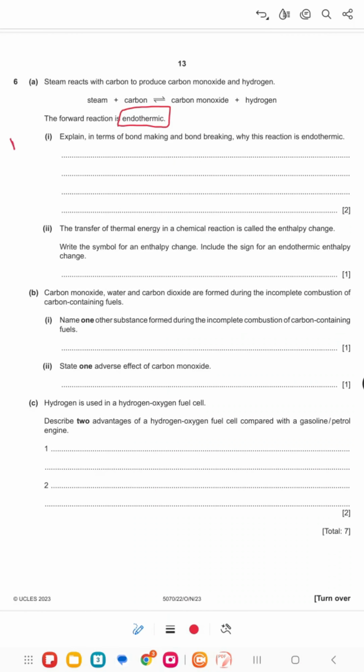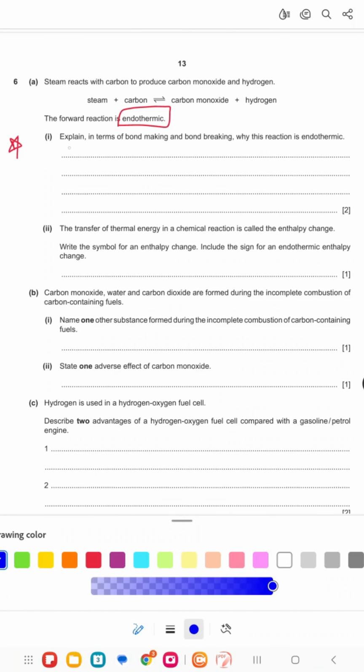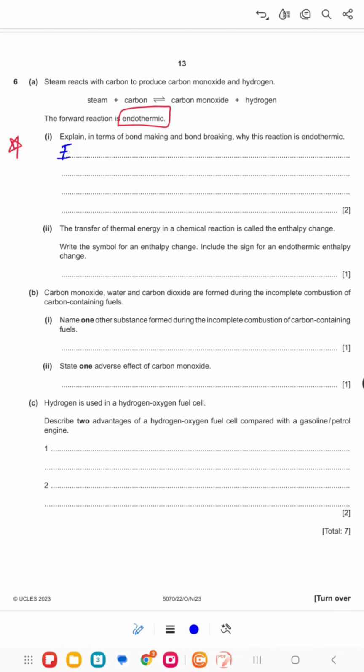This question is very important, so you have to memorize and write two points and explain it very well. First of all, we write the answer like this: in an endothermic reaction, bond breaking is also involved. Let me write.